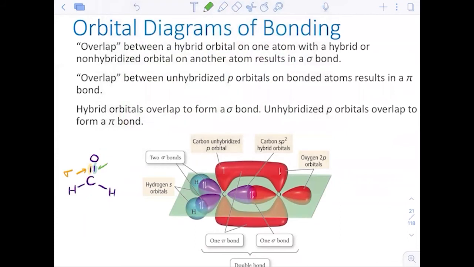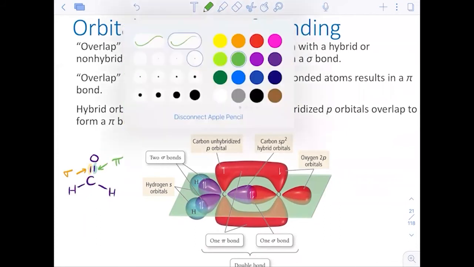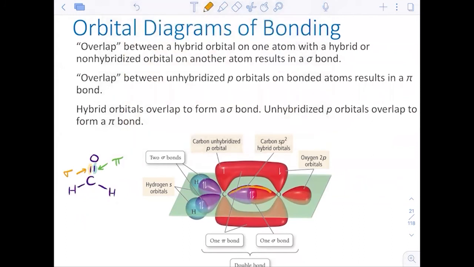Whenever you see a double bond, one is that direct overlap right here. Direct overlap, very, very, very strong. That's going to be the carbon sp2 orbital with the oxygen p. Remember, outer atoms do not have to hybridize. They don't need to. Oxygen has two unpaired electrons, so it's good to make its two bonds as an outer atom.